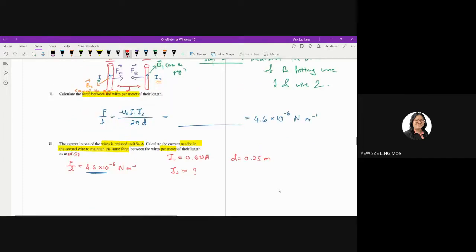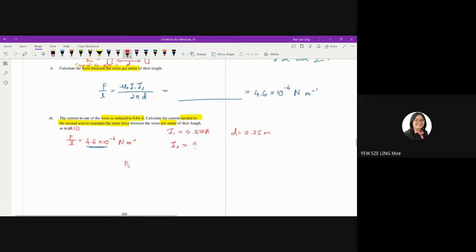So now that we have all of the information needed, let's apply F over L equals mu naught I1 I2 over 2 pi D. 4.6 times 10 to the power of negative 6 equals 4 pi times 10 to the power of negative 7 times 0.64 times I2, divided by 2 pi times 0.25. Rearranging the equation, I2 equals 8.98 ampere.